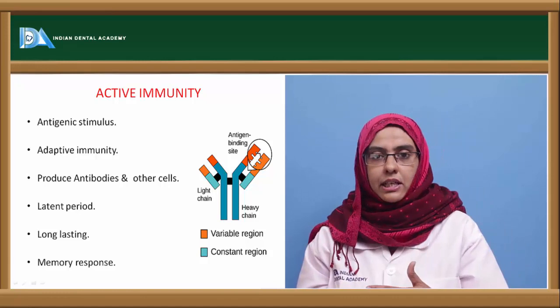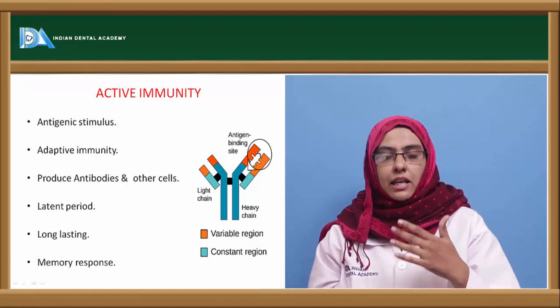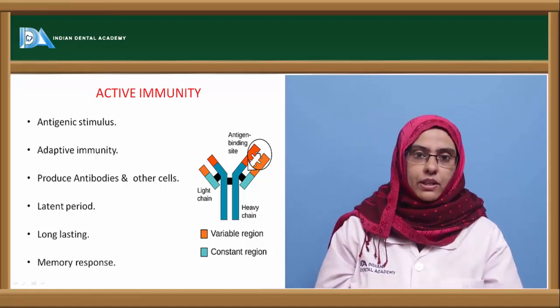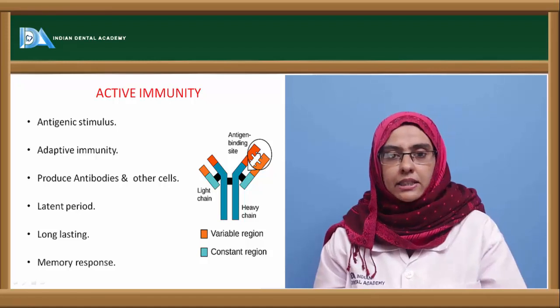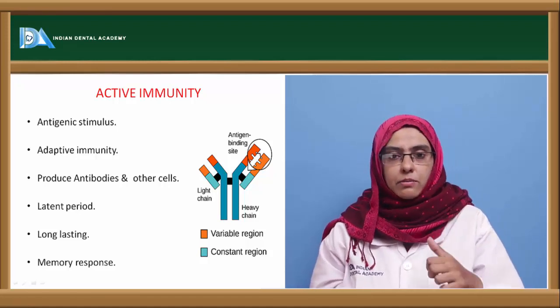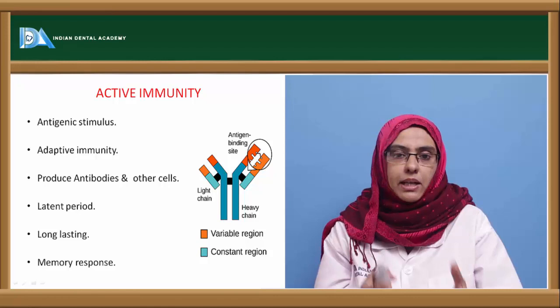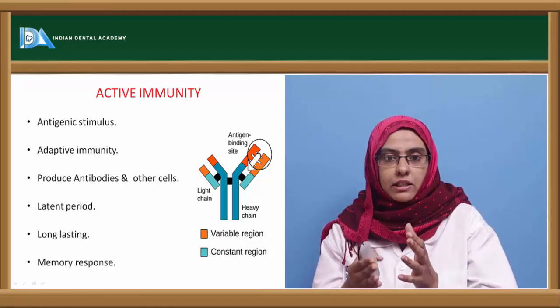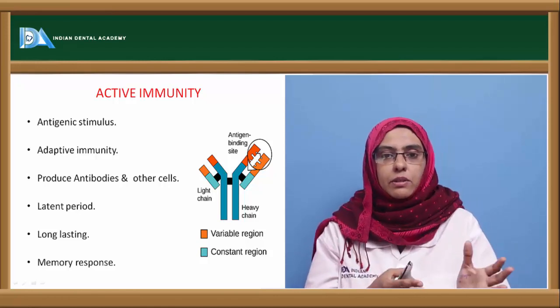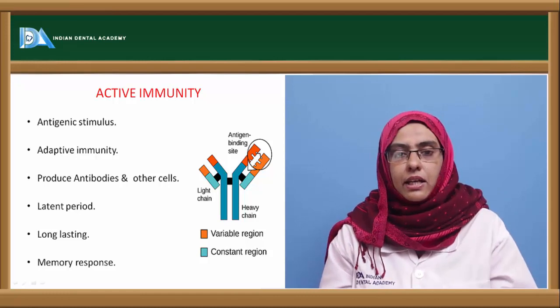So during this acquired immunity, there is a latent phase and a negative phase too. Latent phase is because it takes some time for the immune system to develop. So it is giving some time. It is like you can say opposite of innate immunity, which is already present and can interact with the antigen.